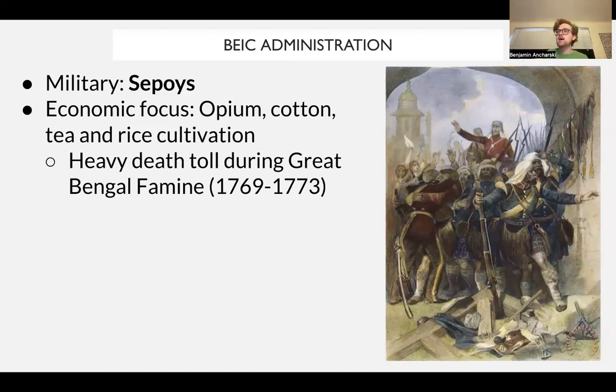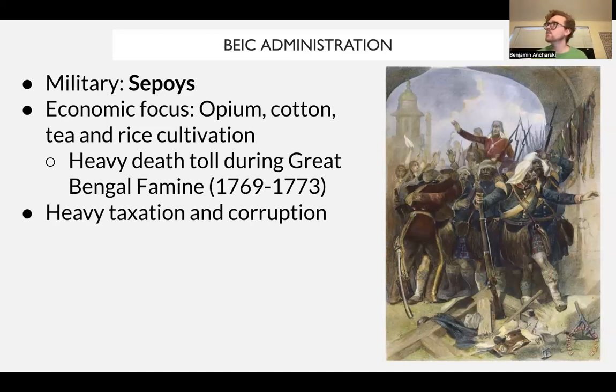So we do see that as a result of this British East India Company's policies, there is going to be a massive famine. Especially hard hit is the region of Bengal. In the late 1700s, we see this massive famine. I believe the death toll is around 8 million. So it is a horrible example of how these policies are leading to devastation among native Indians.